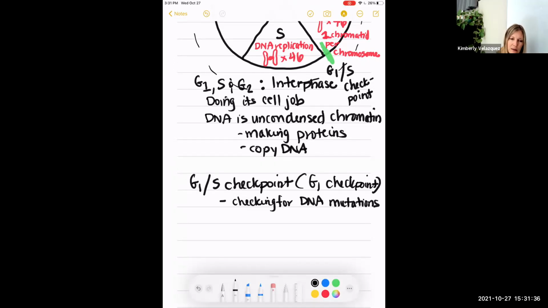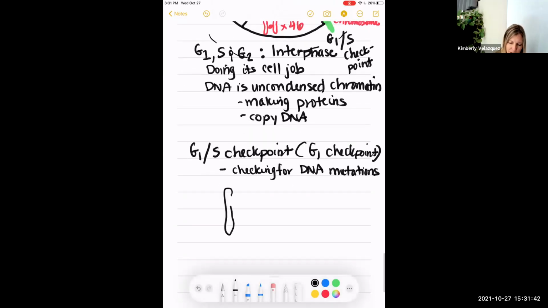Are there any DNA mutations? You don't want bad DNA making a copy of itself. So if we had a chromosome that had some damage to it, you don't want to make 2 copies of that.